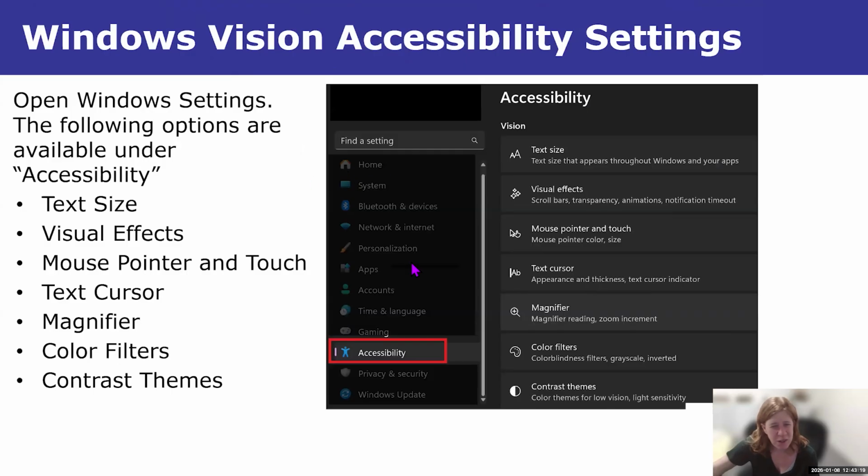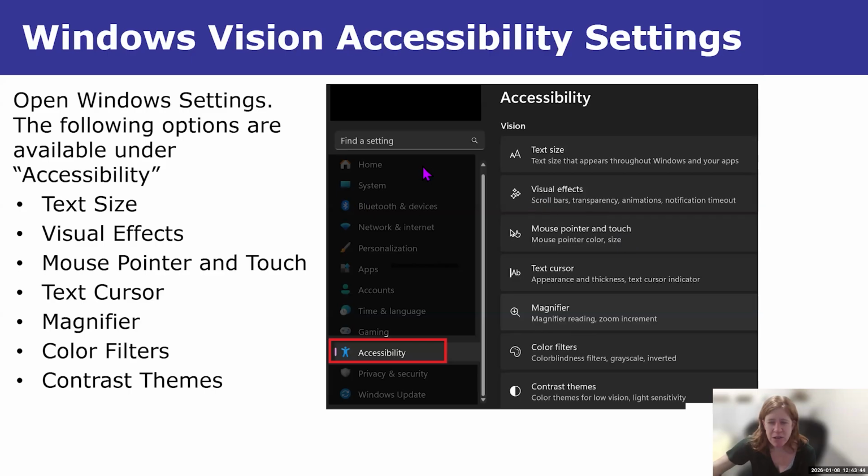Windows Vision accessibility settings. This is where I'm talking about screenshots. Windows accessibility settings: there are the options under accessibility. What I did for these is I wanted people to know what was in this screenshot.